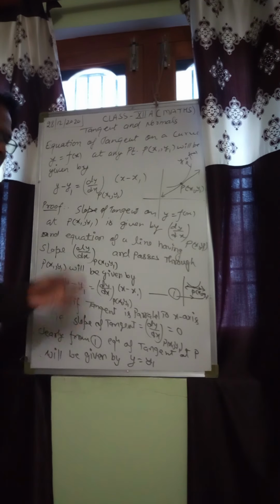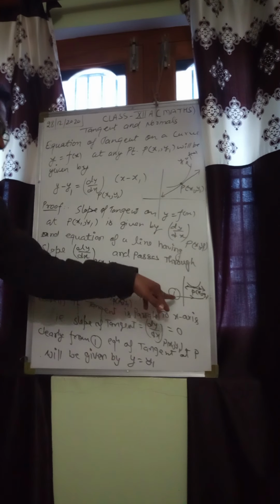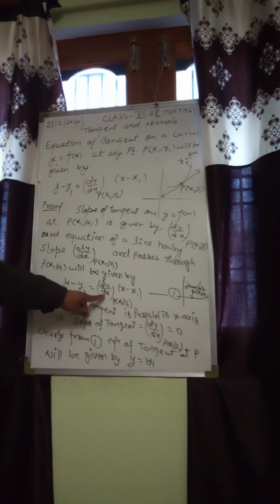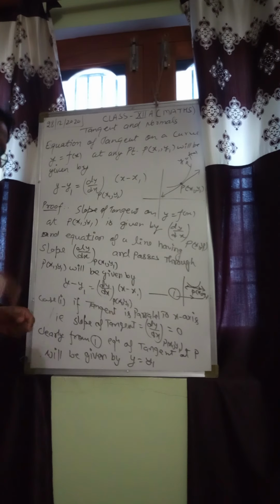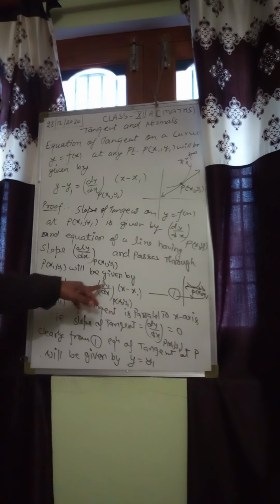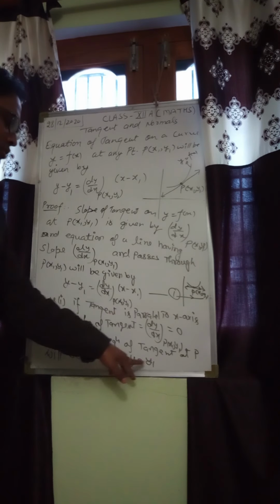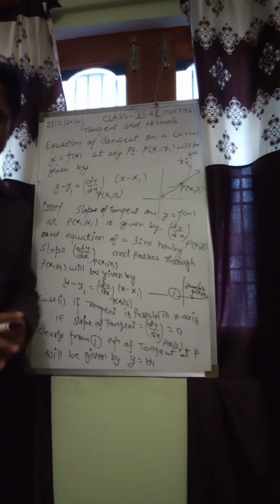Clearly, in that case, in this equation of tangent, we put dy/dx at P(x1, y1) equal to 0. So we have the right side 0. So what will be the equation of tangent at P(x1, y1)? That will be y - y1 = 0, means y = y1. That is the one case.